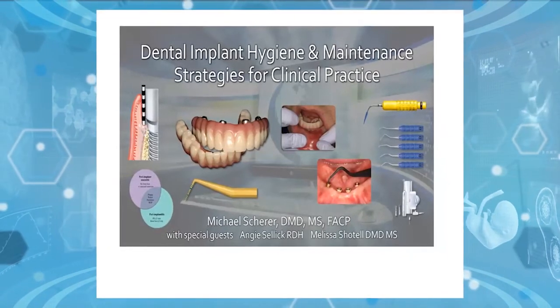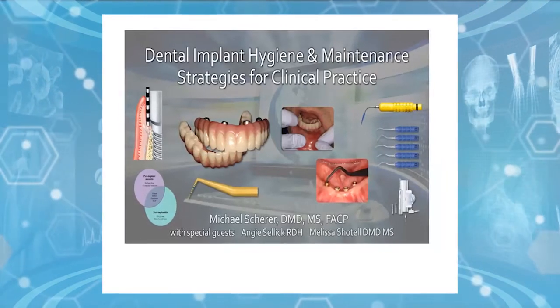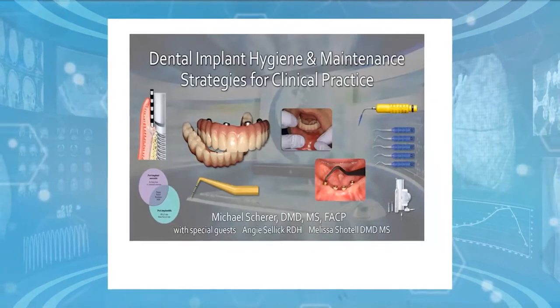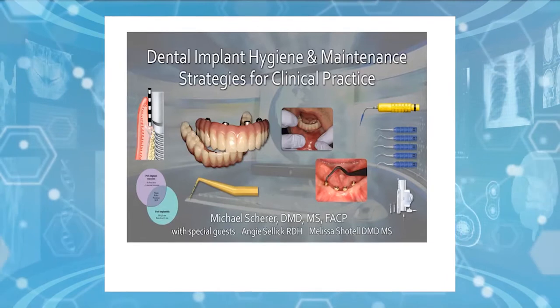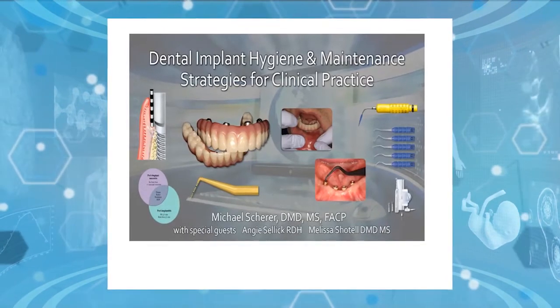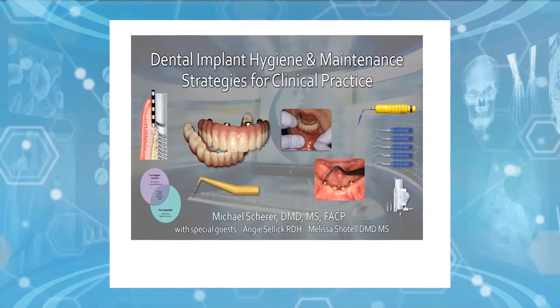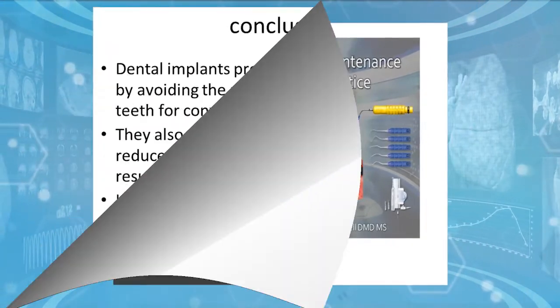In the maintenance phase, we have to probe the implants, but not using metal devices because they may scratch or damage the implant. So we have to use plastic devices as they do not affect the implants.